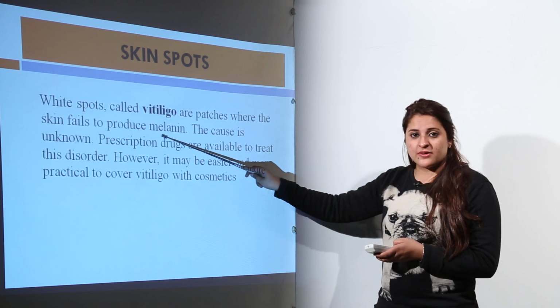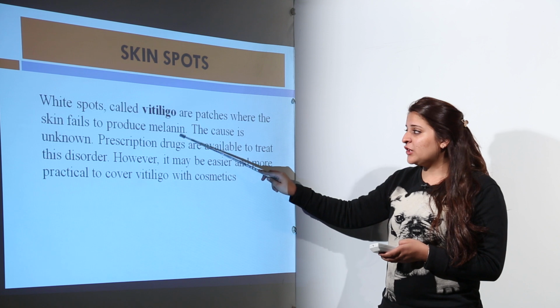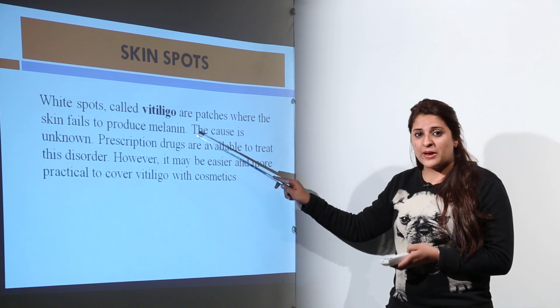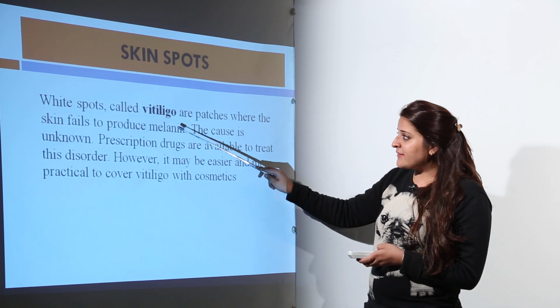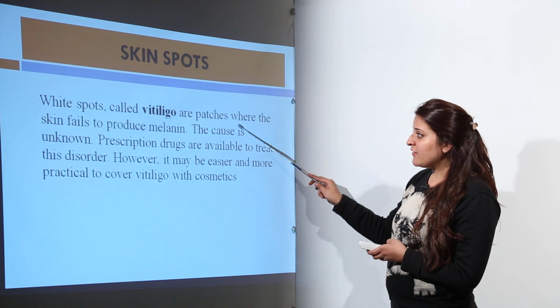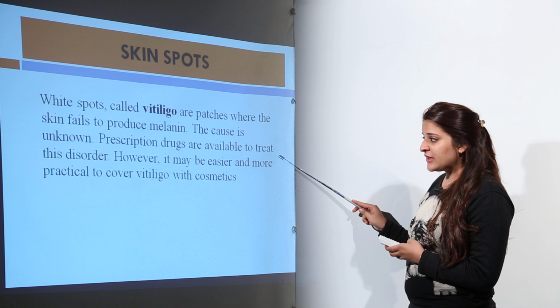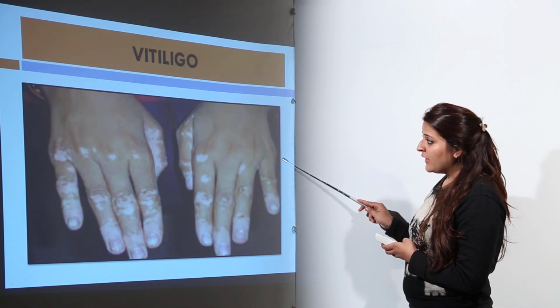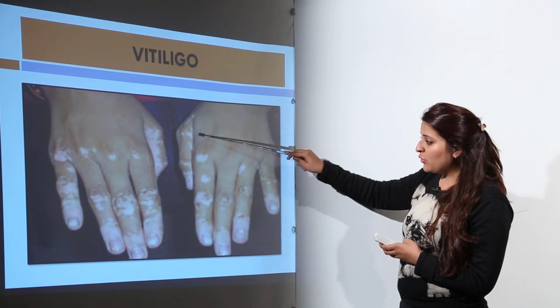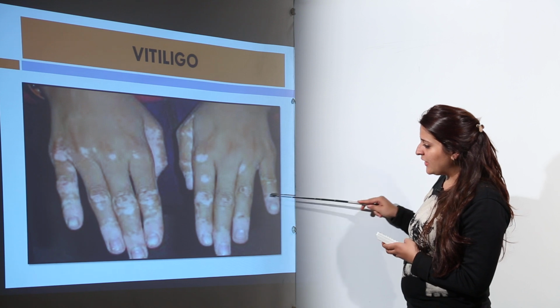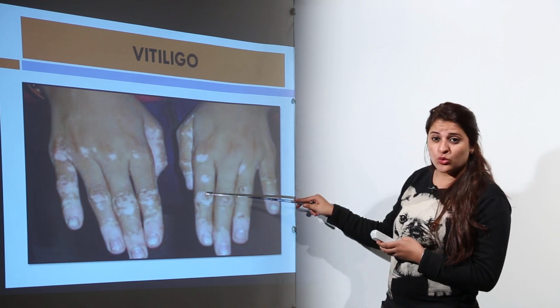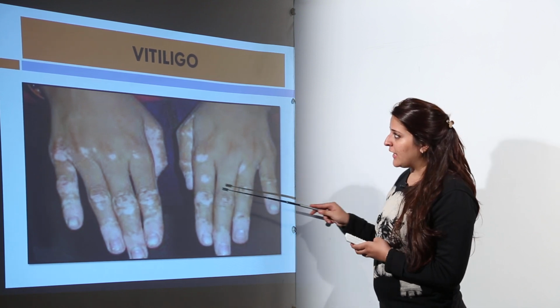However, those parts of the skin which are not able to produce melanin due to lack or death of melanocytes have white spots or white patches known as vitiligo, and prescription drugs are available to treat this disorder. This is how vitiligo looks, where white patches represent that there is no synthesis of melanin in these areas.